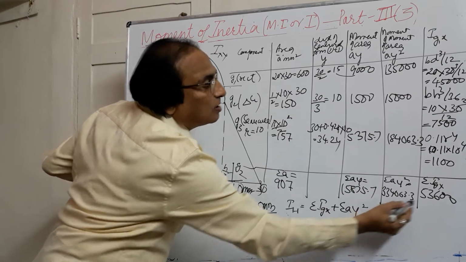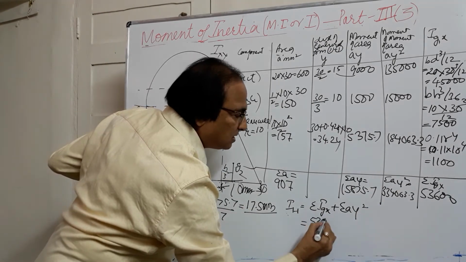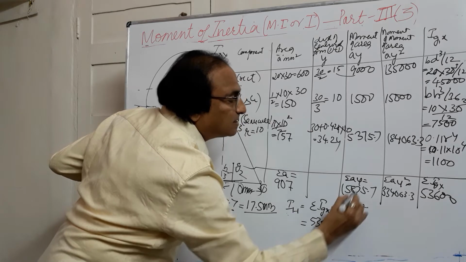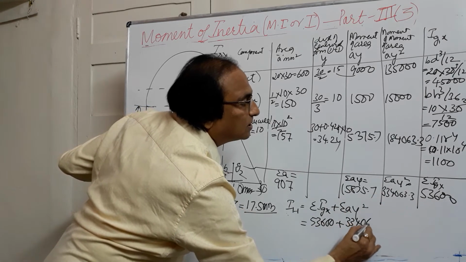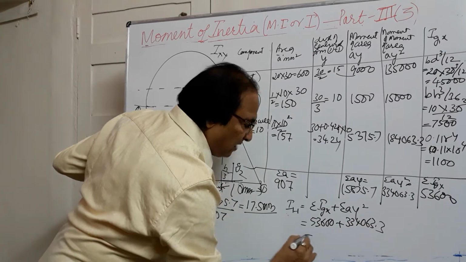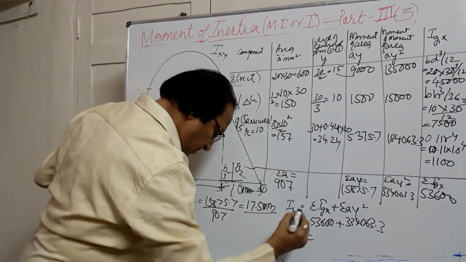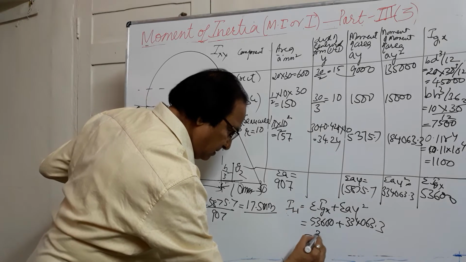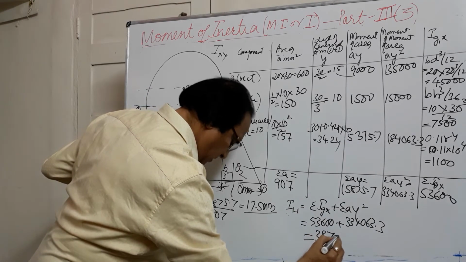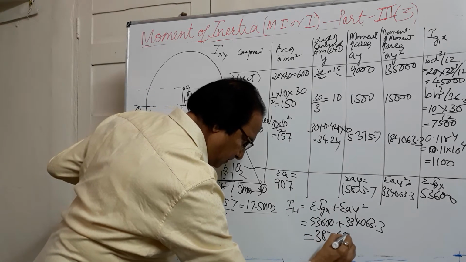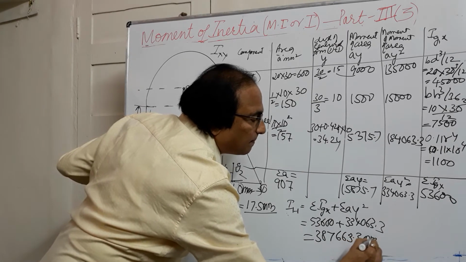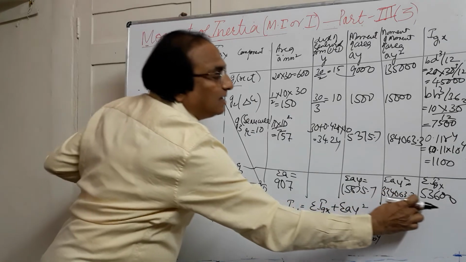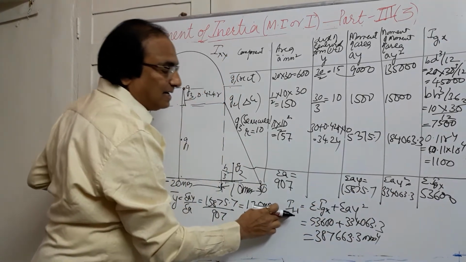So these two columns will be 53600 plus 334063.3. If you add these two, you get 387663.3 mm raised to 4. So by adding these two last columns, you will directly get I11.